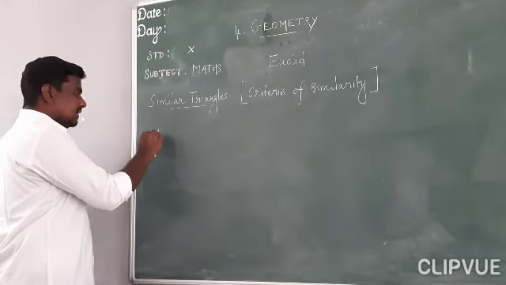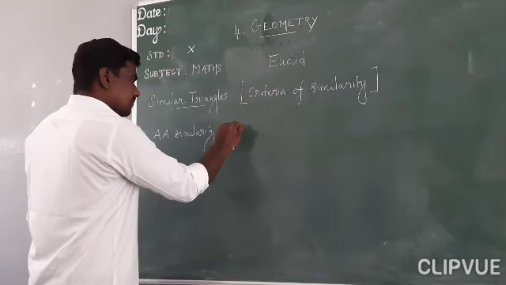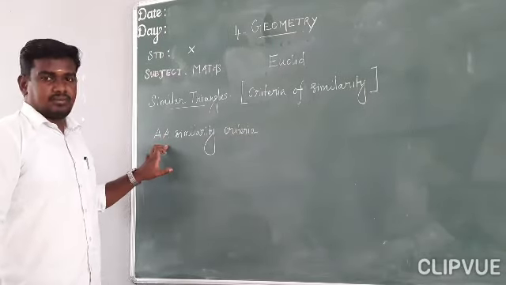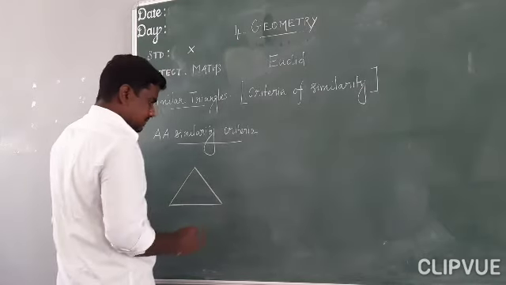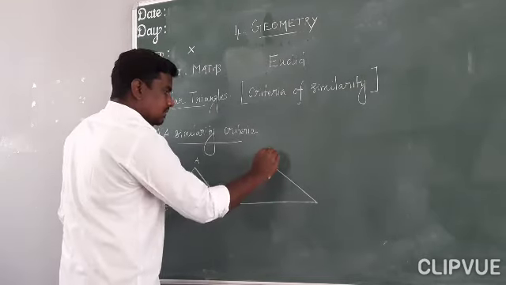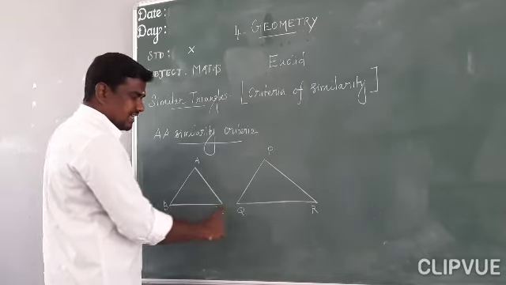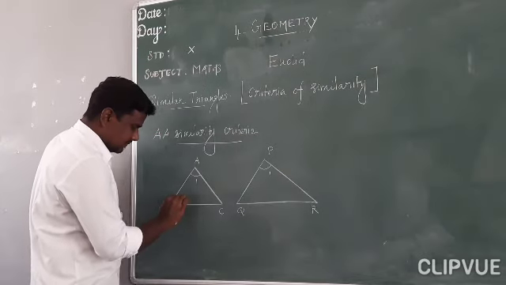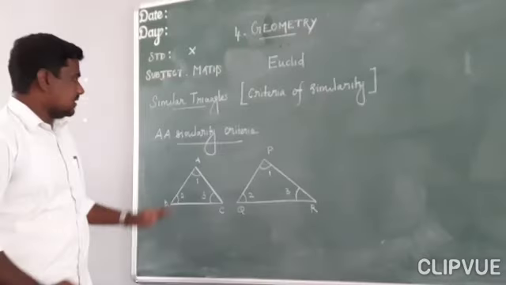The first one is the angle similarity criteria, the AA criteria. If we take triangles ABC and PQR, you know very well that A corresponds to P, B corresponds to Q, C corresponds to R. This is 1, this is also 1; this is 2, this is also 2; this is 3, it's also 3. So what is the definition of the angle similarity criteria?